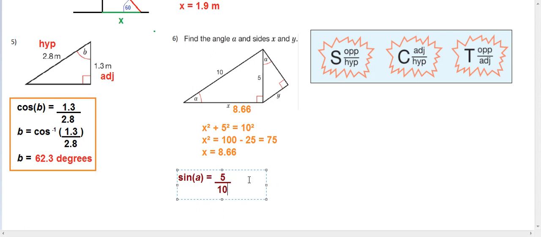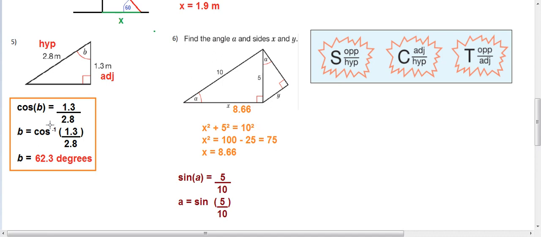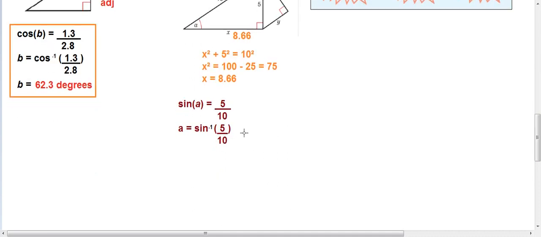And of course, as you know, A is going to be the inverse sine. Let me write it properly for you: the inverse function of the sine of 5 over 10. I'm going to write the minus 1 here.